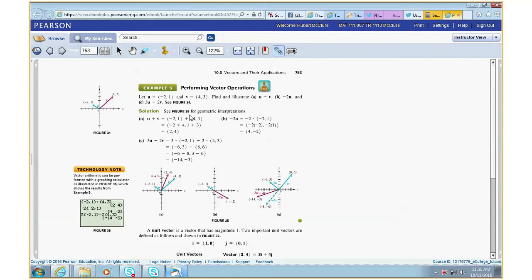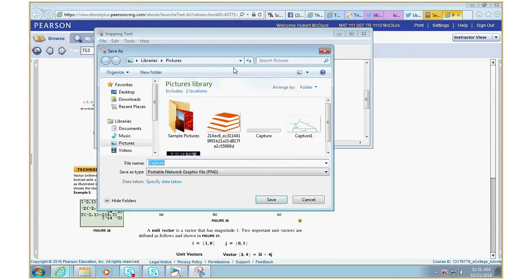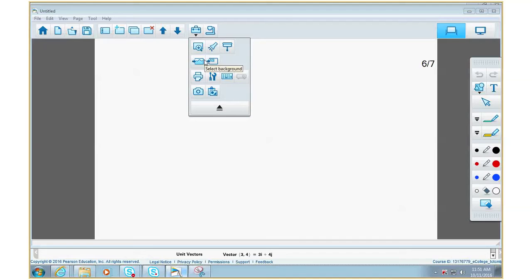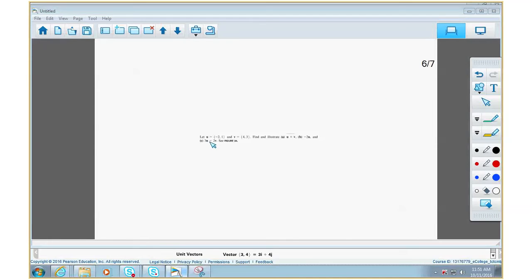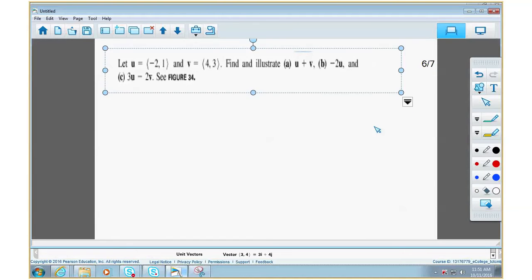All right, here's a little exercise right here. Let u is equal to negative 2, 1 and v is equal to 4, 3.